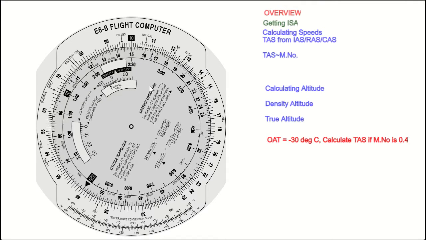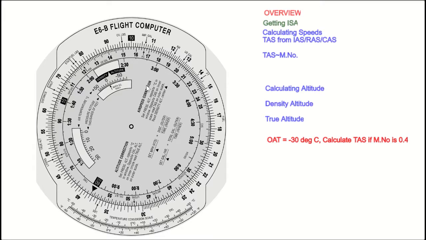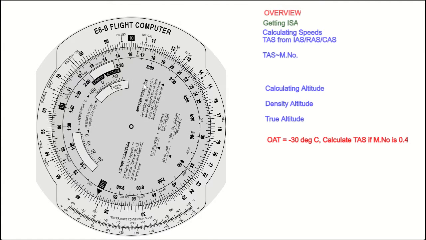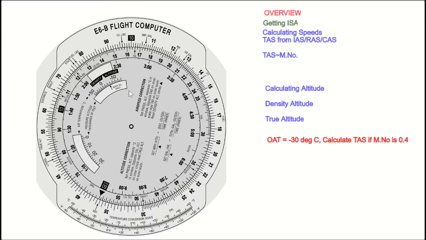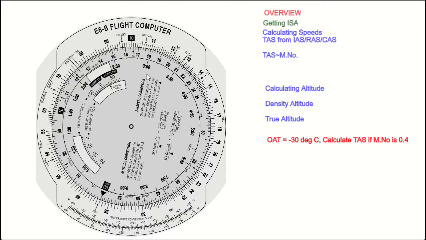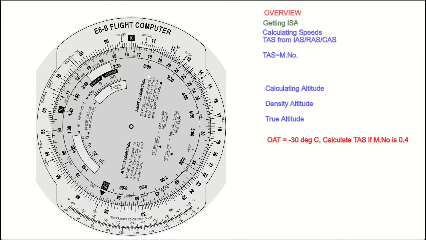That means I will put this little arrow of the Mach number index against minus 30. Ambient temperature is given as minus 30, so I set it here. Okay, this is almost okay, minus 30.